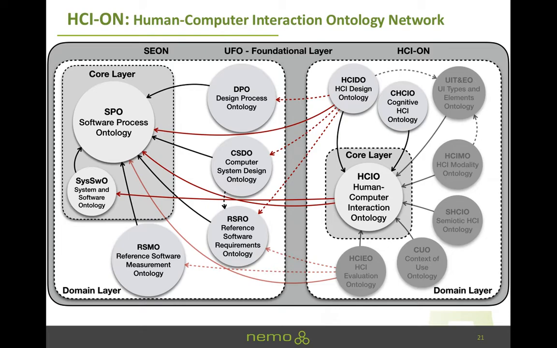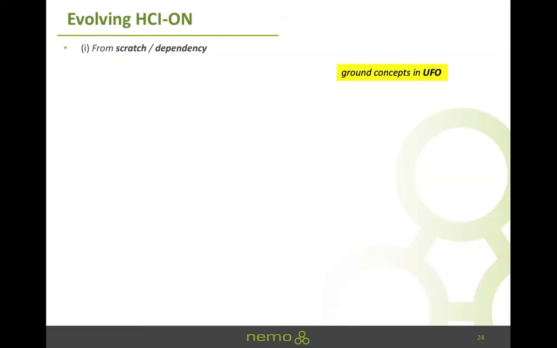To talk about user requirements, we need to talk about requirements and so on. The red solid arrows represent HCI-ON reusing the software ontology network's core ontologies or core concepts, and the red dotted arrows represent HCI-ON reusing its domain ontologies or concepts.